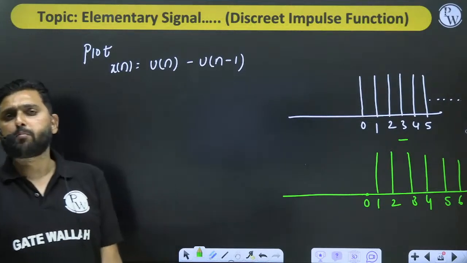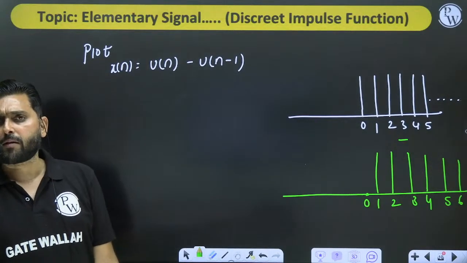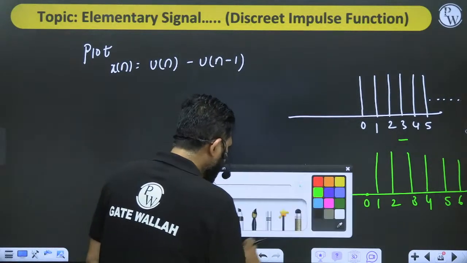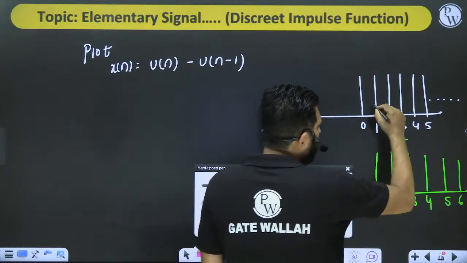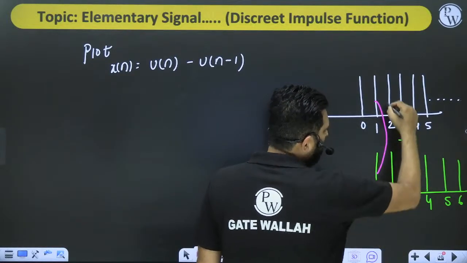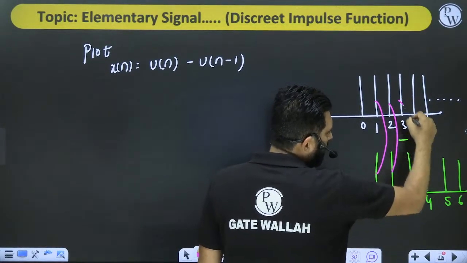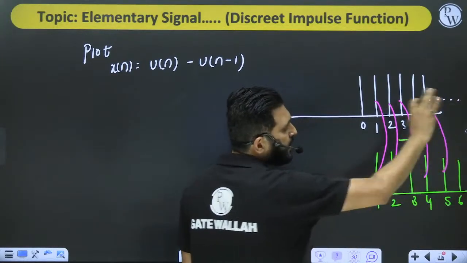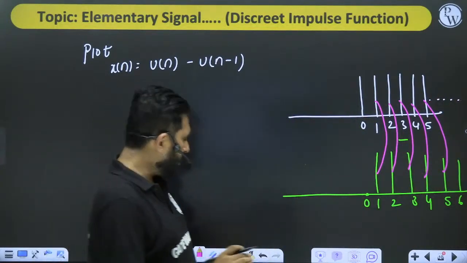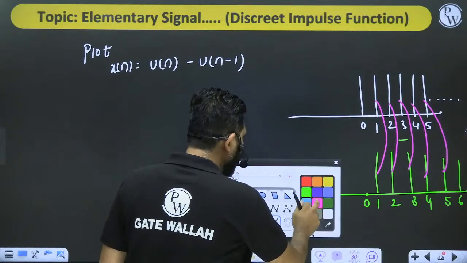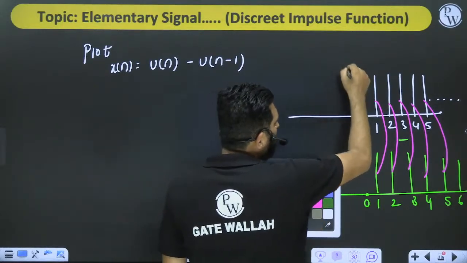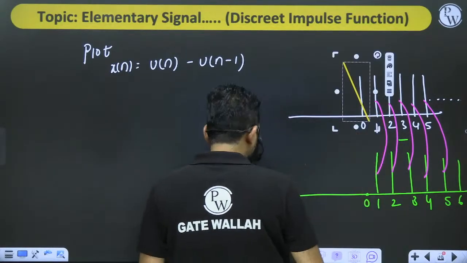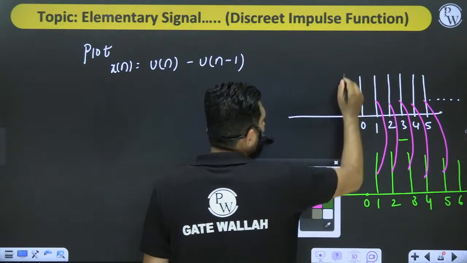When you subtract, this is cancelled by this, this is cancelled by this, and so on. But you are left with this signal, don't you think?